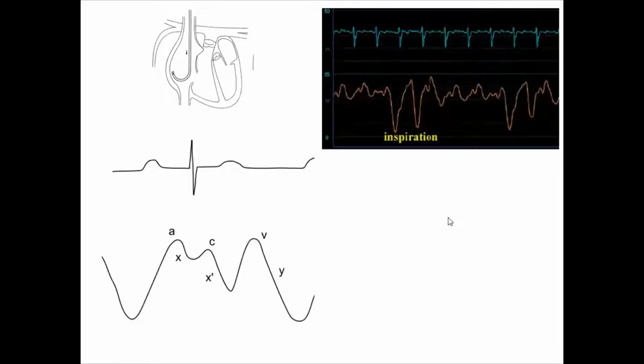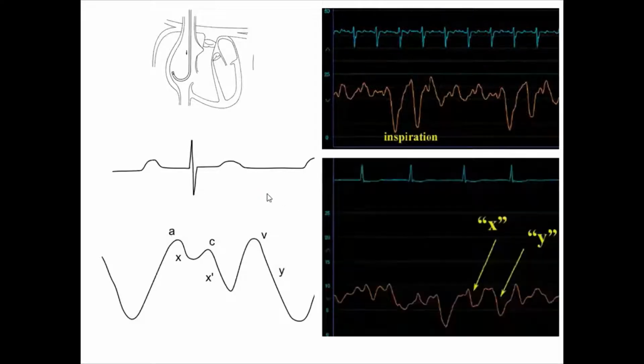Also, bear in mind that the right-sided pressures change with inspiration and expiration. The X and Y descents become more prominent during inspiration. So if you find a tracing for the right atrium like this with deep descents, this is most likely inspiration, this is expiration, and this is again inspiration.